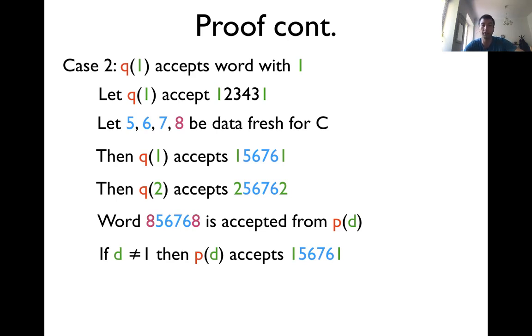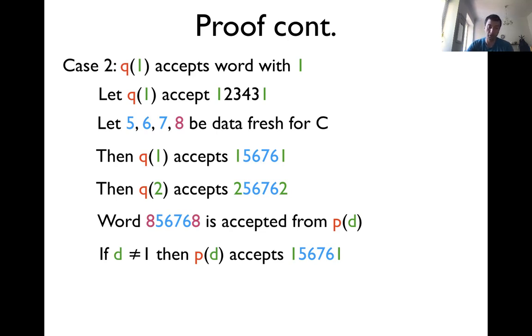So then P of D accepts this 1, 5, 6, 7, 6, and 1. And now we have two accepting runs for this word, one from Q of 1 and one from P of D. And this is a contradiction with unambiguity.